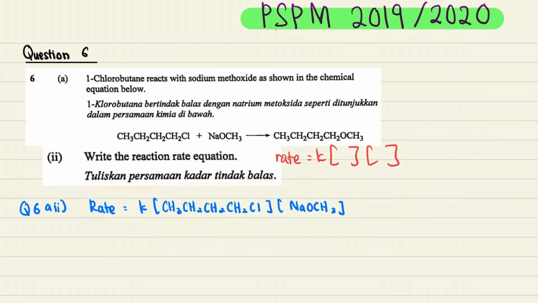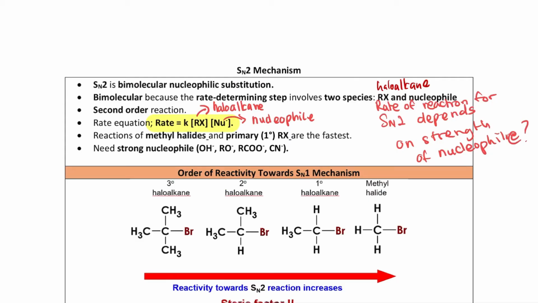How do I know this? Refer back to your notes on the SN2 mechanism. This is a second order reaction. For your information, SN2 is a second order reaction, and the equation is rate equals k [RX]^1 [nucleophile]^1.